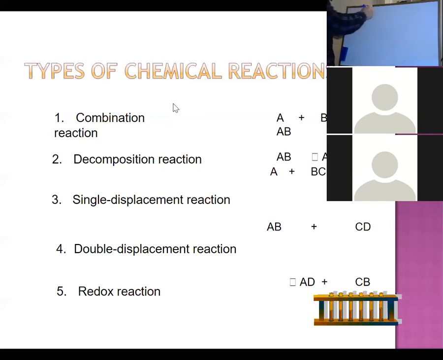We have redox reactions, which involve the transfer of electrons, through oxidation and reduction.